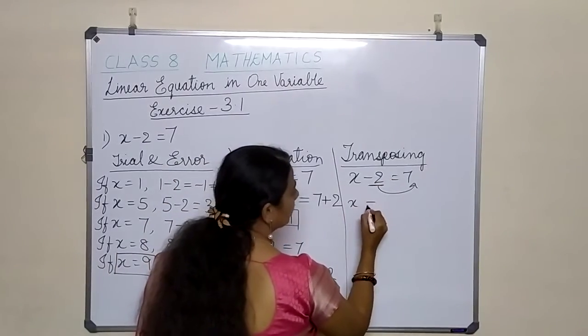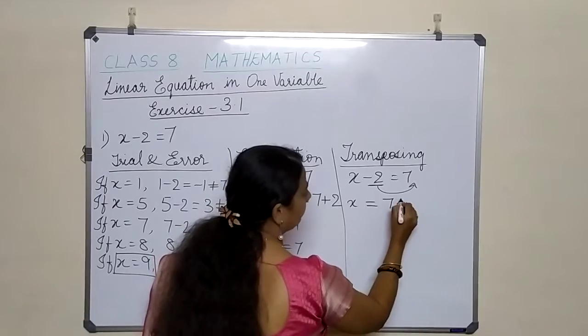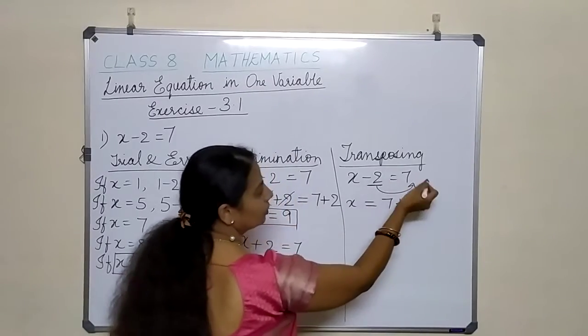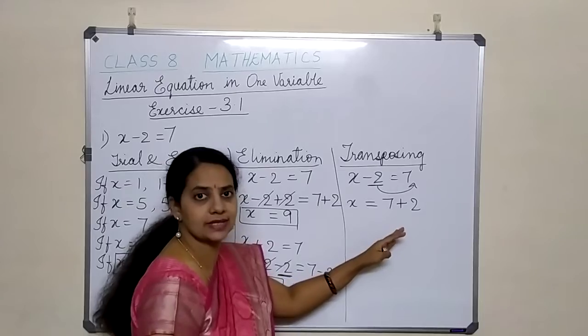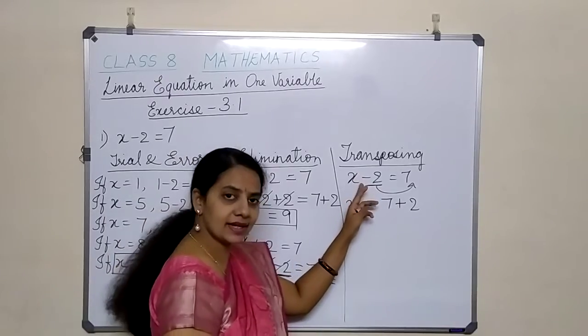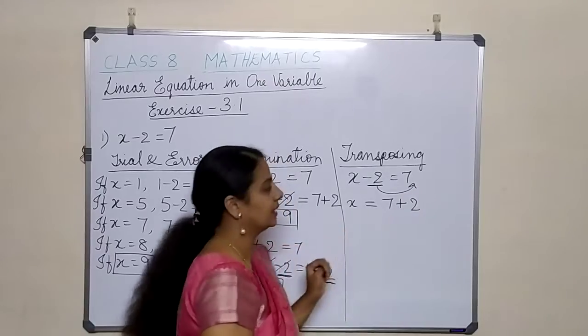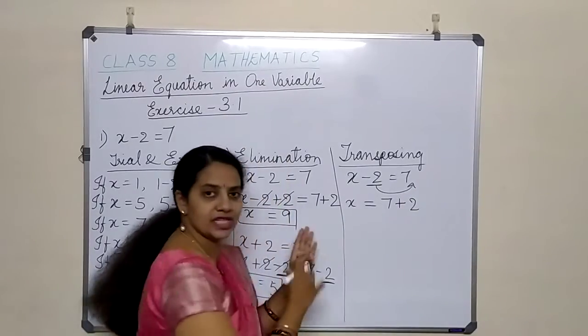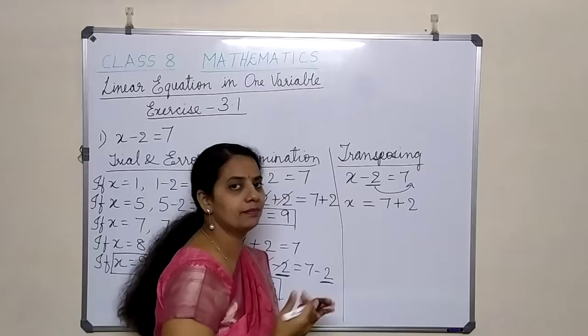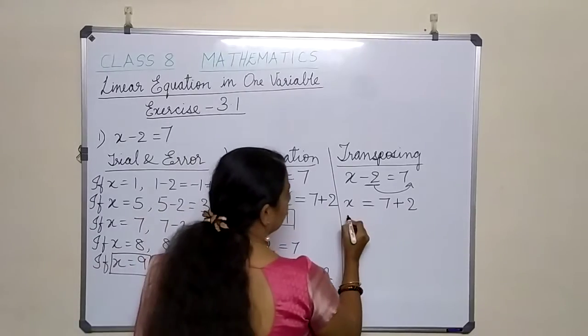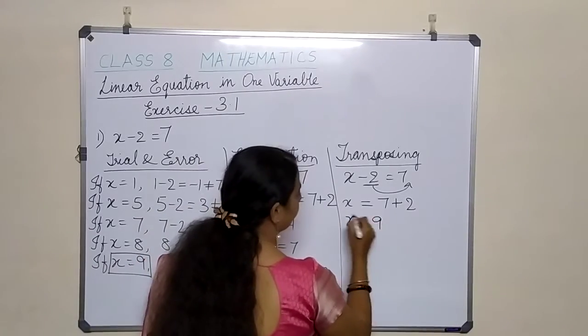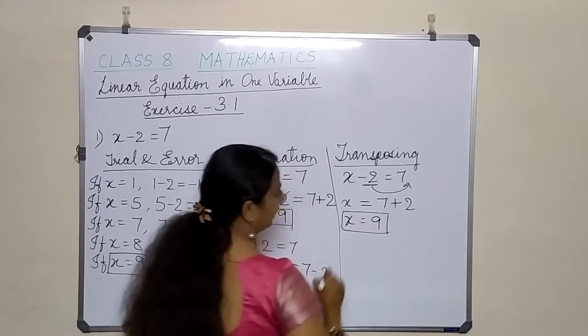So x is equal to 7 plus 2. When 2 goes that side, it becomes plus. So if you have a plus sign here, when it goes to the other side of the equation, it becomes minus. Understood, children? Plus becomes minus, minus becomes plus. So x equals 9.